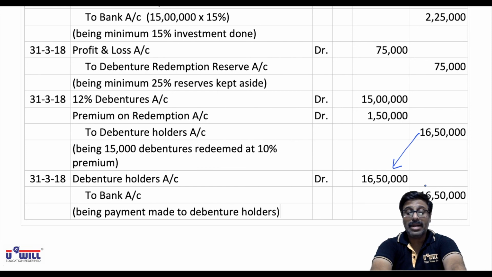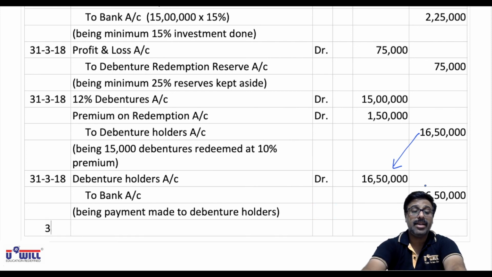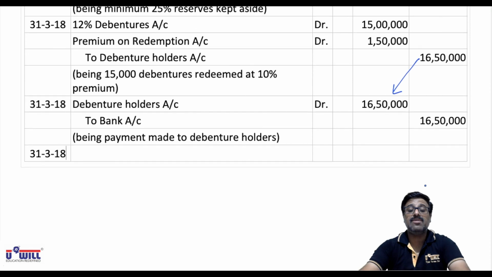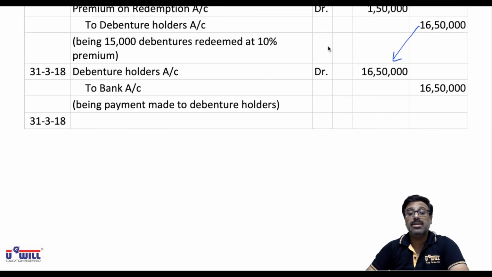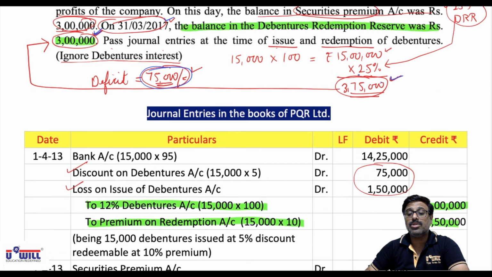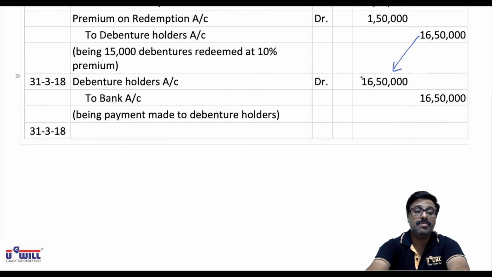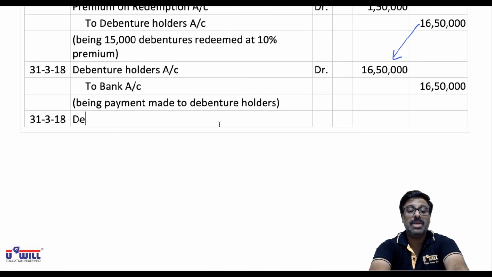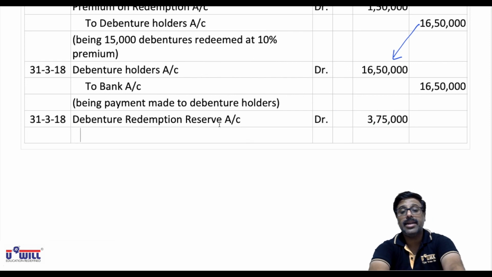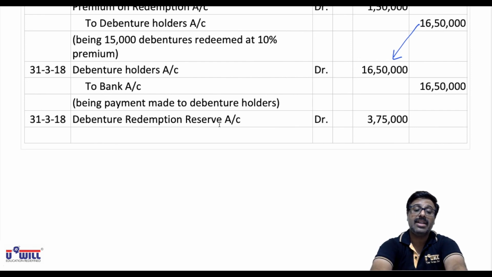Now after the payment and redemption, what did I tell you? Last entry: debenture redemption reserve balance will be transferred to general reserve. So this 3,75,000 of debenture redemption reserve will be transferred to general reserve. The last entry to be passed will be debenture redemption reserve account debit 3,75,000. 3 lakhs was already there, plus we transferred 75,000 in the current year, so now the balance in debenture redemption reserve is 3,75,000.